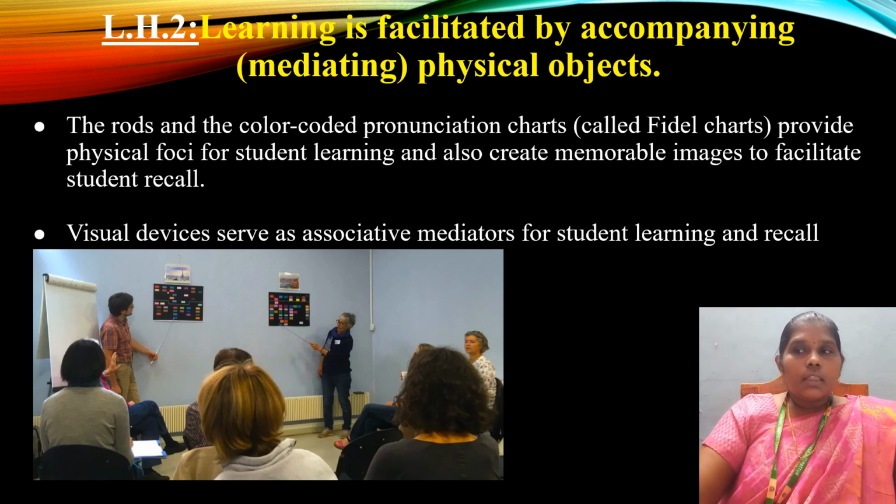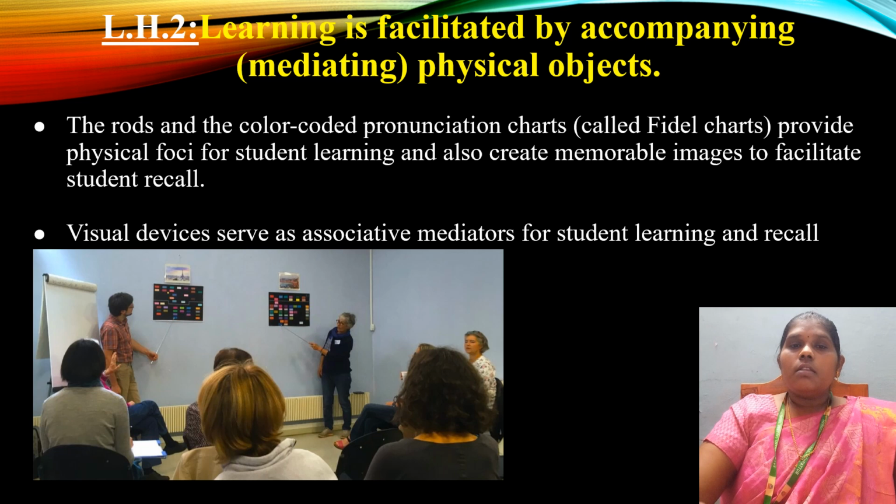By using that they have to remember, oh, pink color means this; I take the blue color rod, B sound, and then K, G, Ch, J. For each sound there is a unique color, they have to keep it in mind, and they have to create some memorable images as the students recall the words.